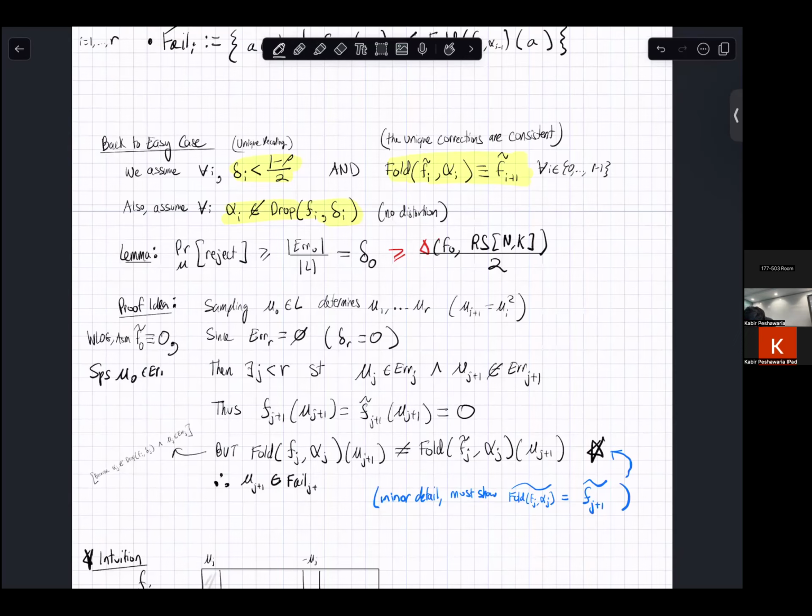It's important. So if mu0 is in error 0 and mu r is clearly not in error r, there's some point where we switch from being in the error set to not in the error set, right? So there's some j where mu j is in error j and mu j plus 1 is not in error j plus 1.